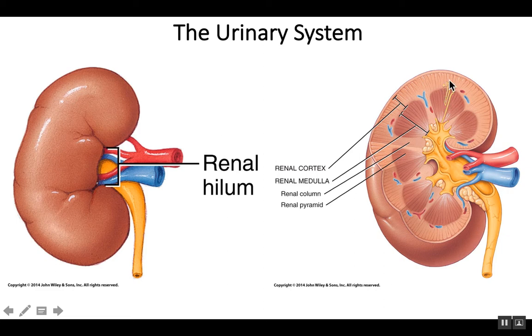So you'll notice this is a single little nephron. Each kidney contains about 1 million nephrons. So a kidney is really just a package of nephrons. And if you can understand how a nephron works, you can understand how a kidney works. Parts of that nephron we're going to note are in the cortex. Parts of the nephron are found in the renal pyramids, found in the renal medulla.